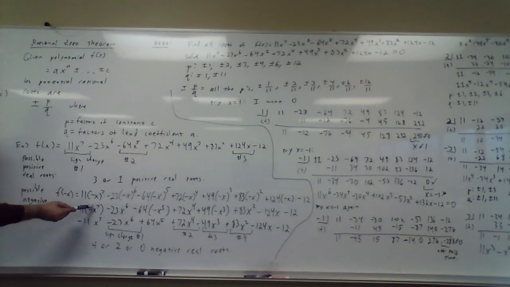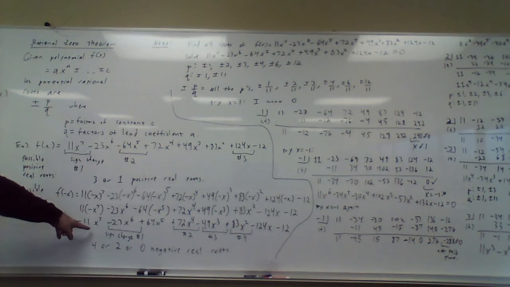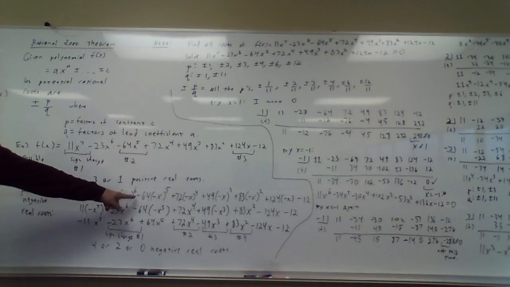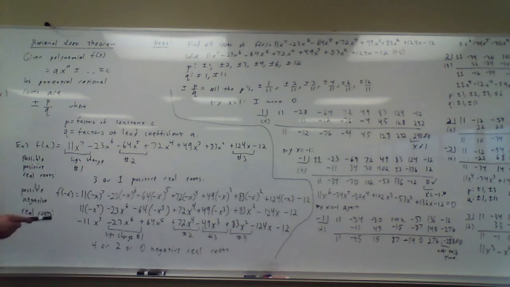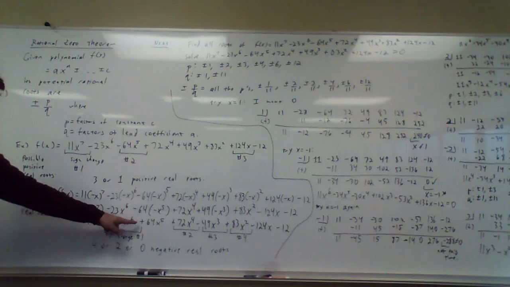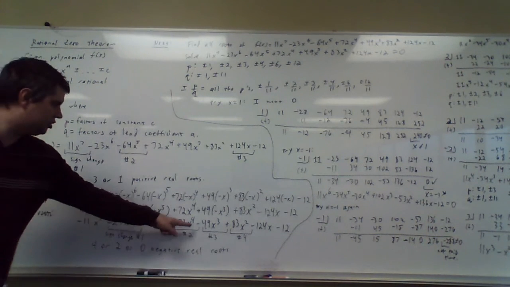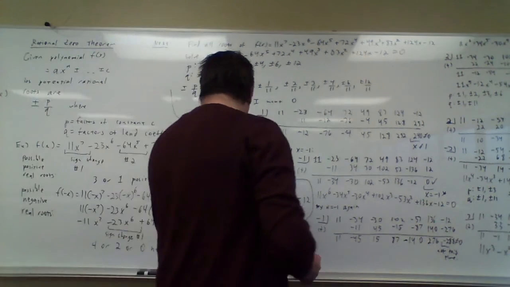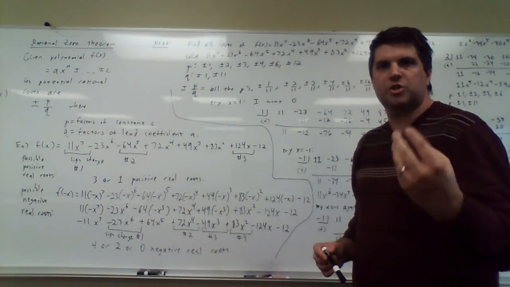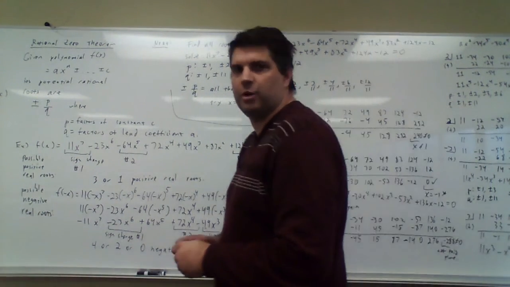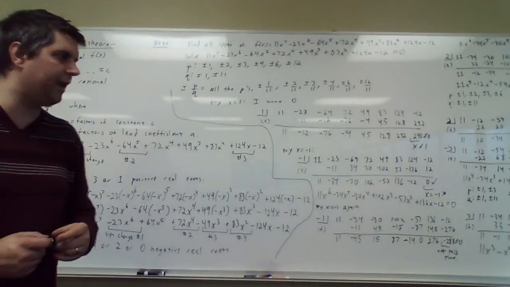Negative x to an odd power left you negative x to that power. Negative x to an even power left you positive x to that power. So take a good look at it. When it was cleaned up, we determined that there was 1, 2, 3, 4 sign changes. That would have given us 4 or 2 or 0 negative real roots, sorry.